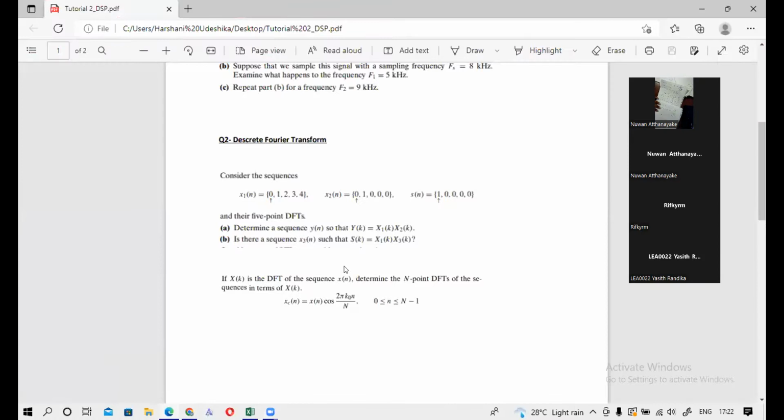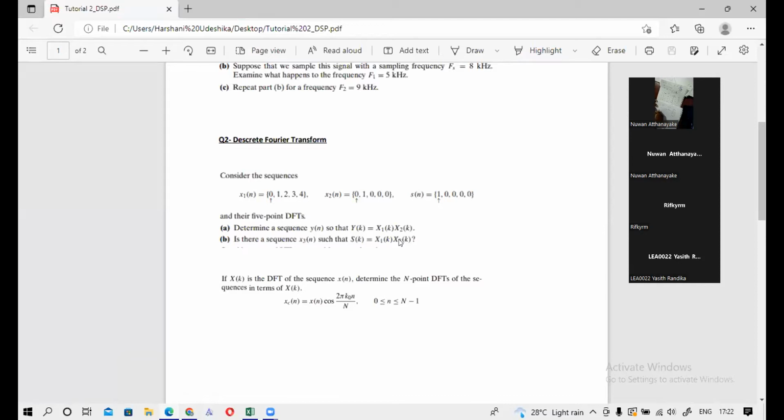So in the next one, that is somewhat difficult. It is not much difficult, but you have to do some more calculation. You can see that now, is there any sequence x3 such that X2[k] is equal to X1[k] X3[k]?